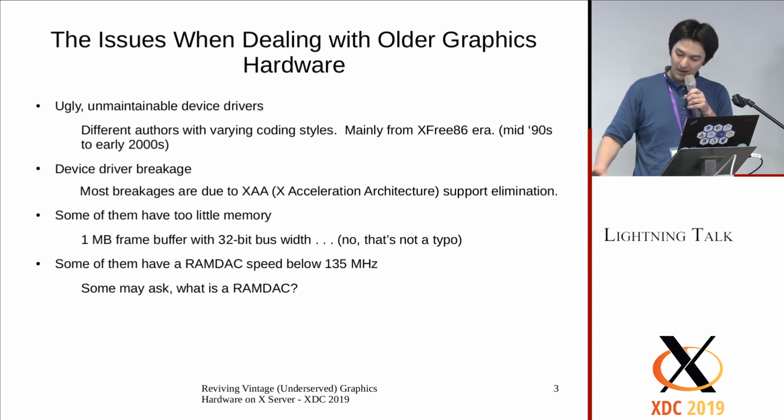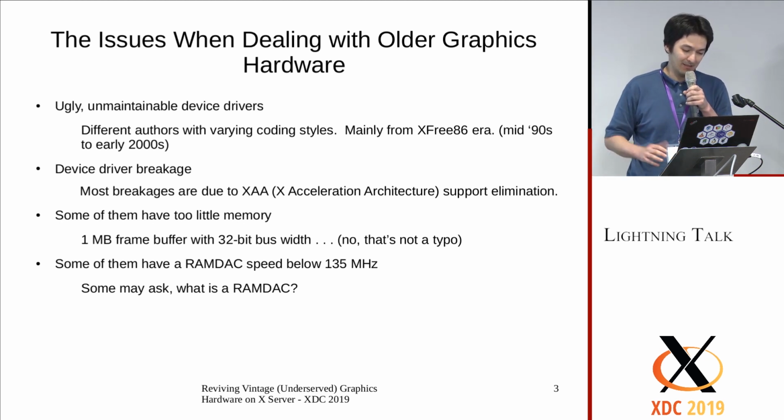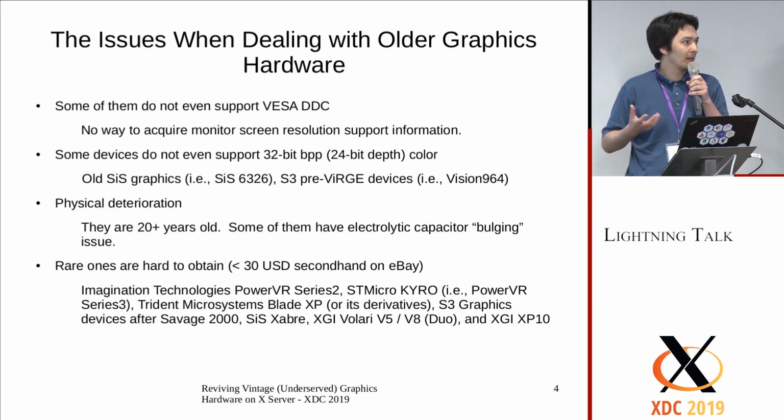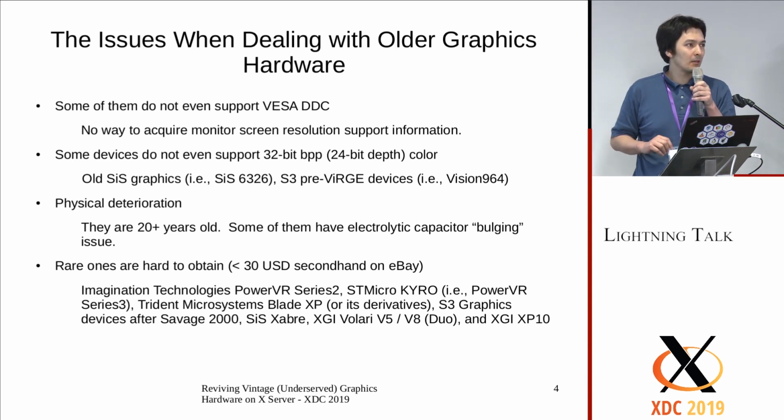And then the hardware, of course, is itself pretty underpowered. Some of them have only 1 megabyte of frame buffer, and some of them don't even have automatic detection of the monitor, VGA of course, and some of them don't have 32-bit BPP, which means you use 4 bytes for the pixel.